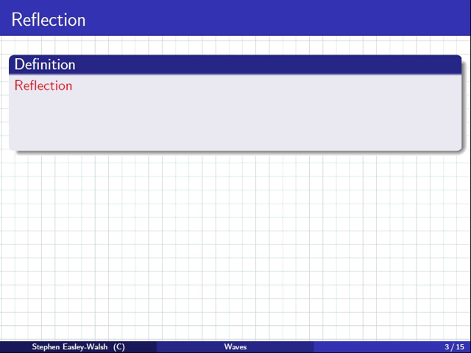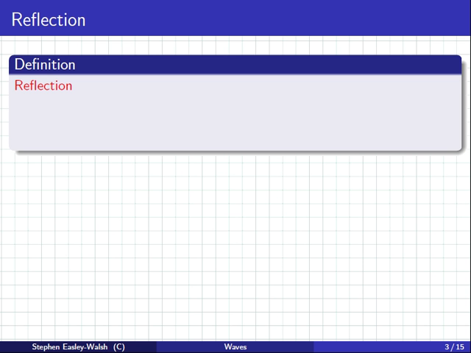I think you all know this word, but how can we give a definition to reflection when we're talking about waves? So, Lynn, do you want to give it a try? So when the light crossing through the material, the way of the light is bending.